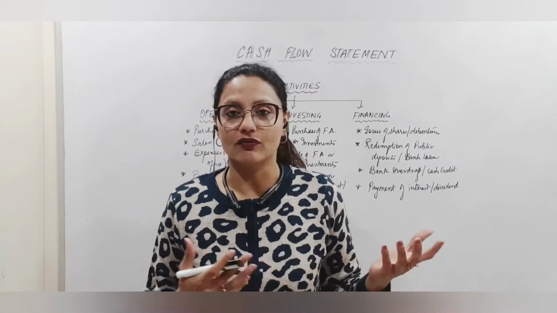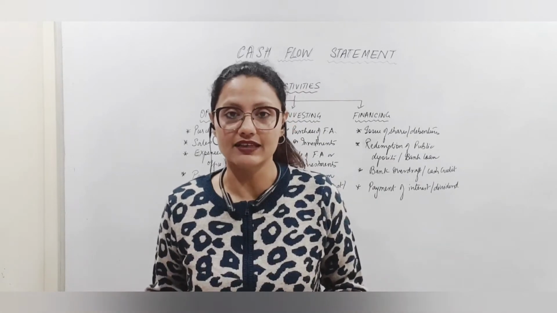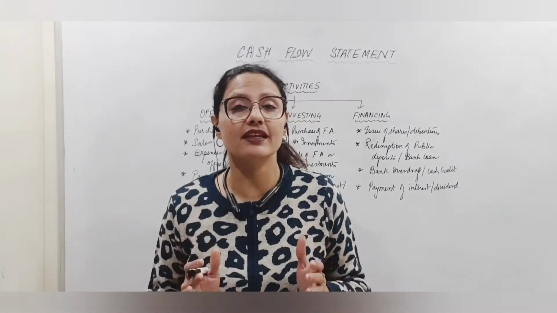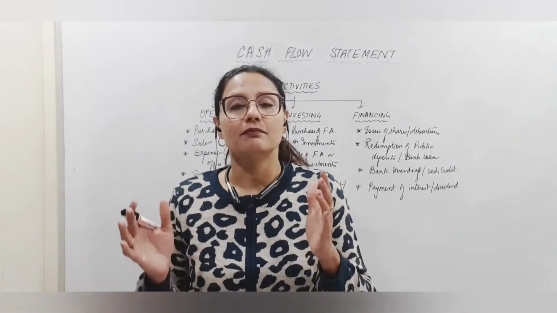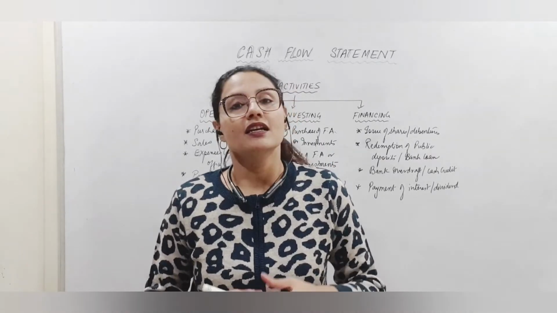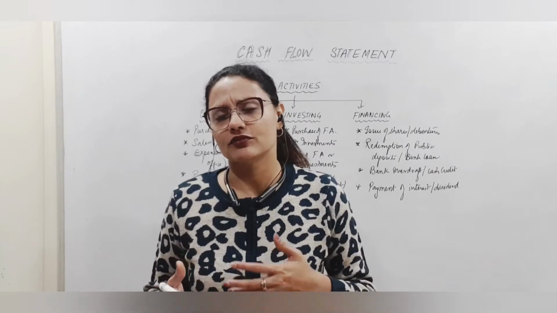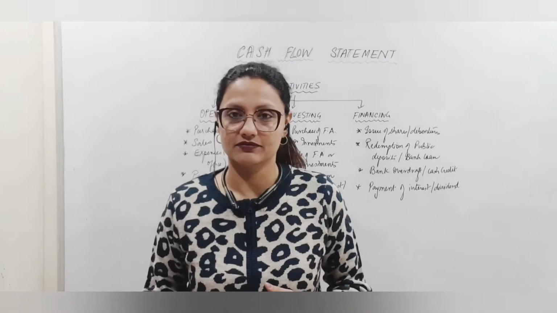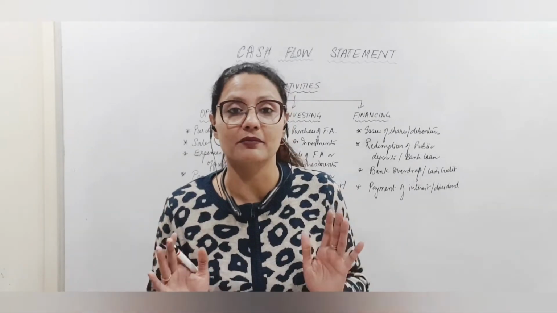Purchase, sale of goods, manufacturing maybe of goods, distribution. Usse related जितना भी expenses है, that is my basic operation. My basic objective of doing the business. ठीक है? So all those expenses related to that, or all incomes related to that, would be termed as operating activities. जो मेरा basic fundamental काम है business का.